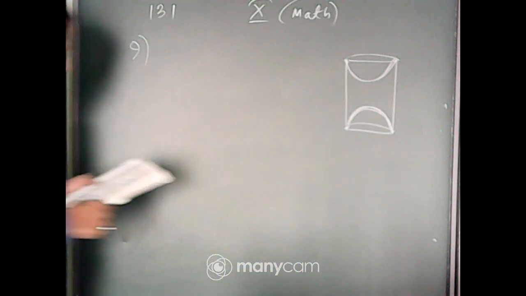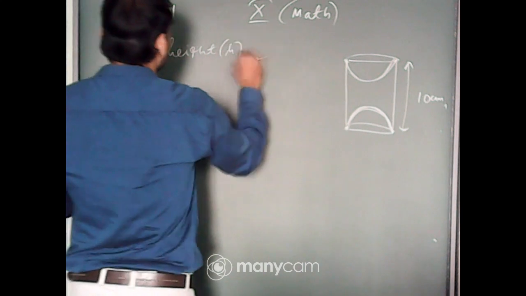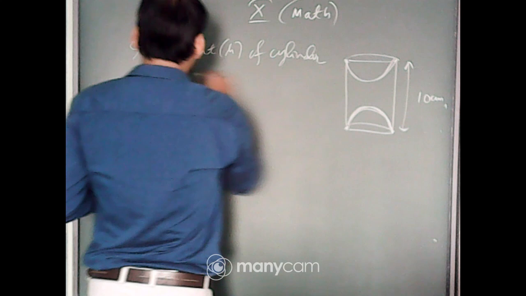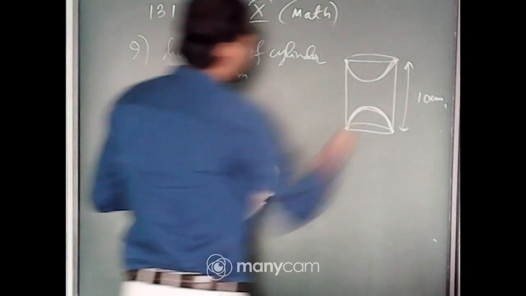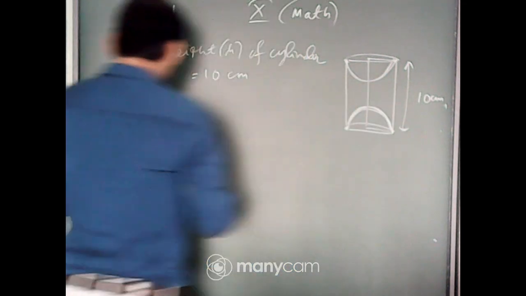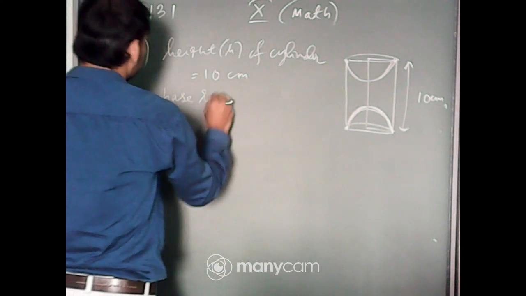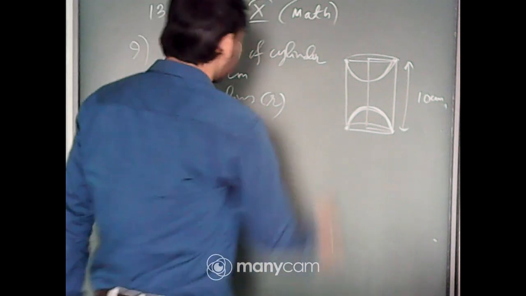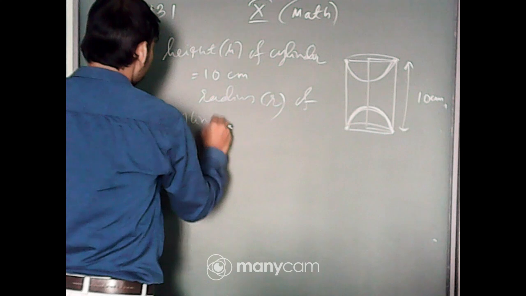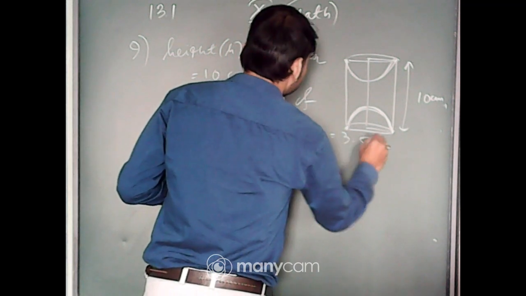As shown in the figure 13.11, the height of the cylinder is 10 centimeter, and the base radius, radius of cylinder and hemisphere, that is 3.5 centimeter.